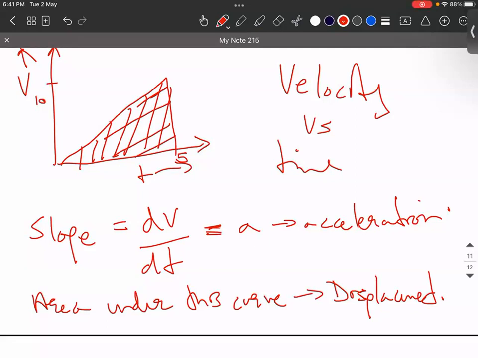From displacement we get velocity, and from velocity we get acceleration. So it's integration, this thing is integration, the area.